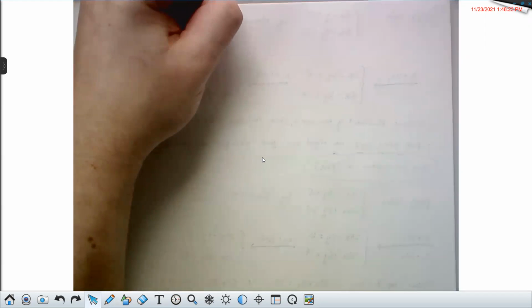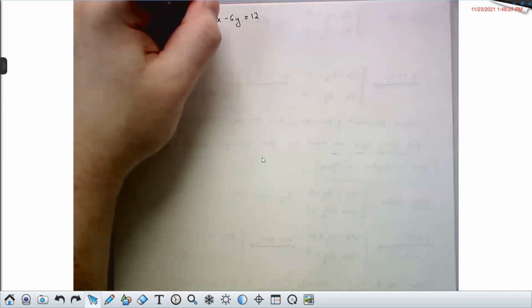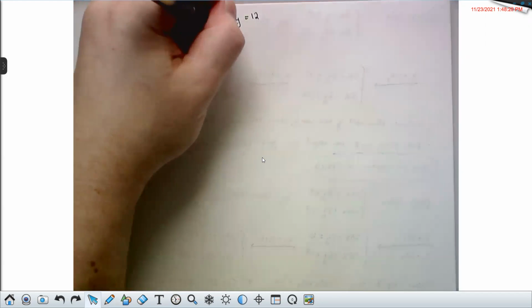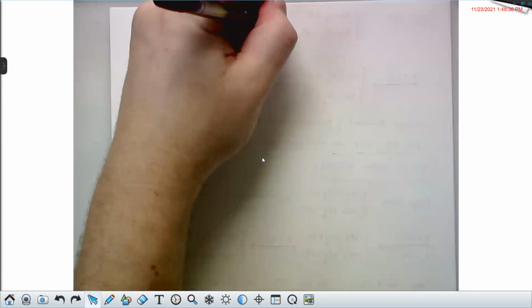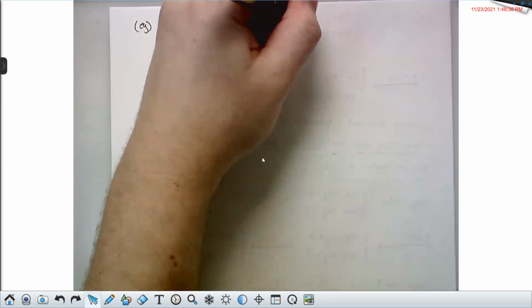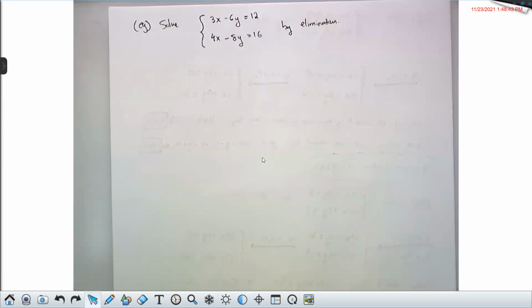But like I said when we introduced the concept, once we know that there are infinitely many solutions, we're not done, because we still need to characterize them or describe them.